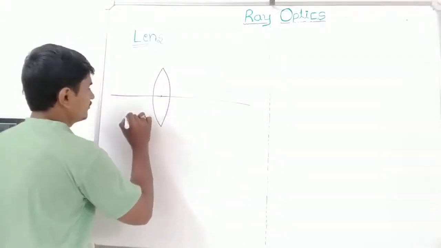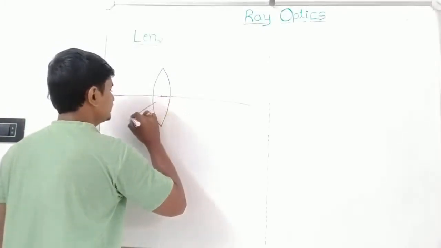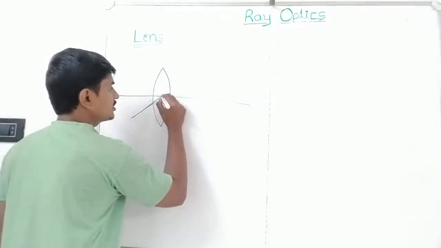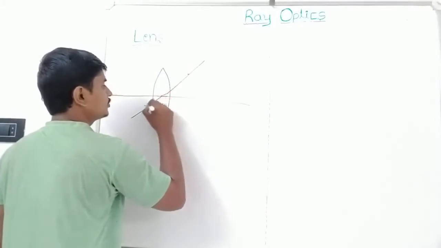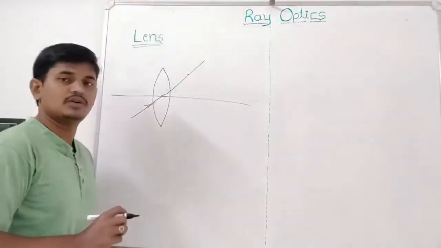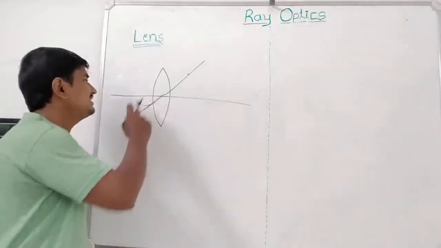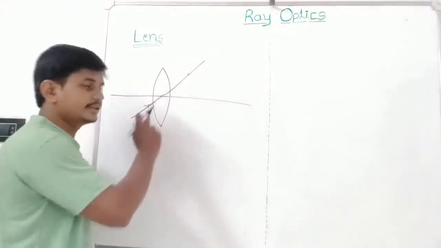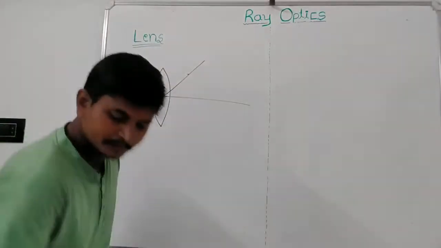For example, if a ray passes through the lens like this, then after refraction it also passes like this, parallel to the incident ray. This point we call the optical center, which is present inside the lens. Next, we move to the principal focus.